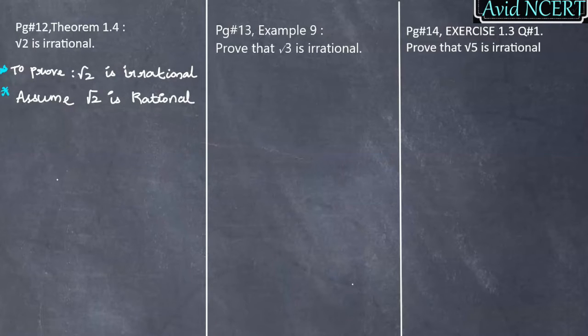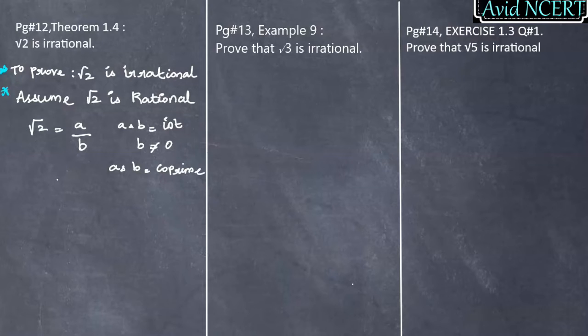When we say root 2 is rational, it means root 2 is equal to a by b. Rational is something which can be written as a fraction. So a by b, where a and b are integers and b is not equal to 0, and we can also assume that a and b are co-prime.